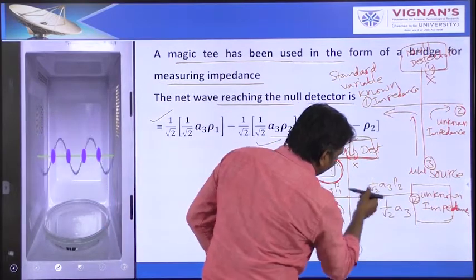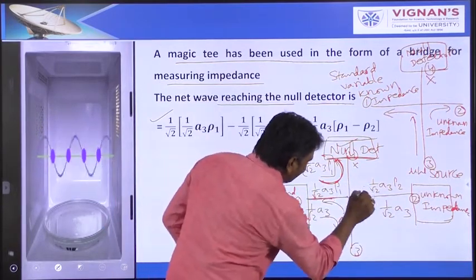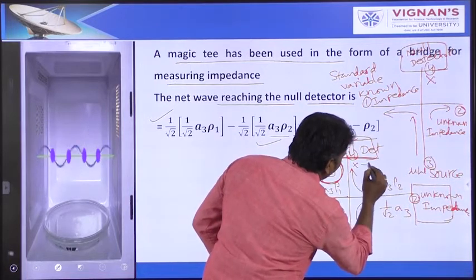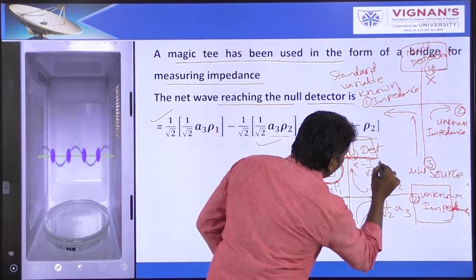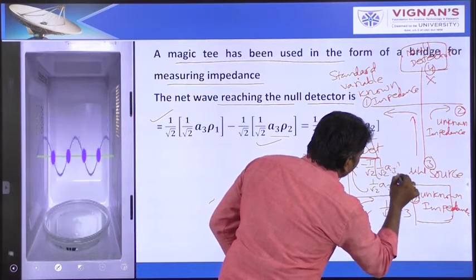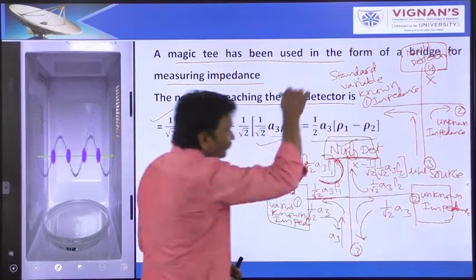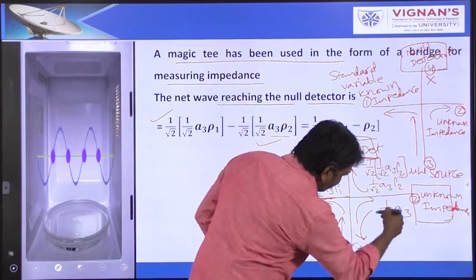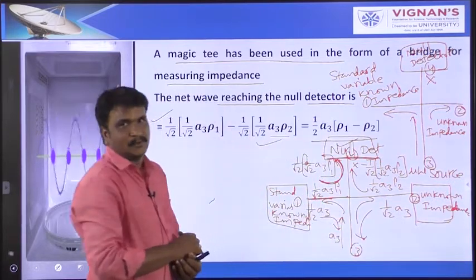Once this enters into the junction, again it divides into two directions. See, here minus 1 by root 2 into 1 by root 2 A3 rho 2 power enters into the fourth port. Okay, the same amount of positive power enters into the third port.